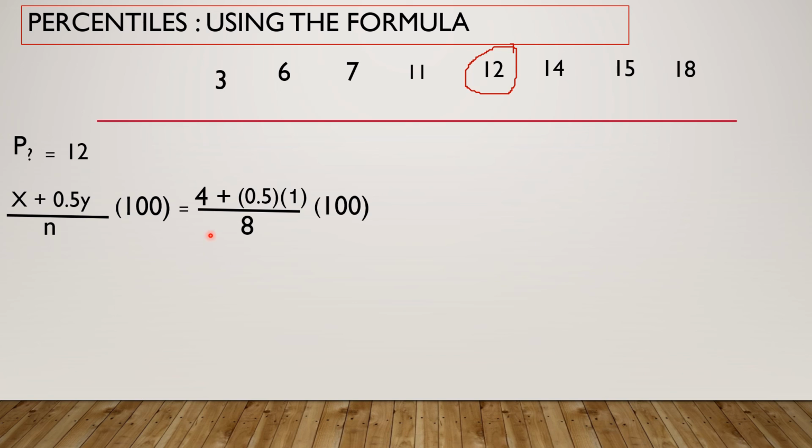So now we can do this one first here. 0.5 times 1 is still 0.5. 4 plus 0.5 is 4.5, divided by 8, times 100. 4.5 times 100 is 450, divided by 8, and that is equal to 56.25.